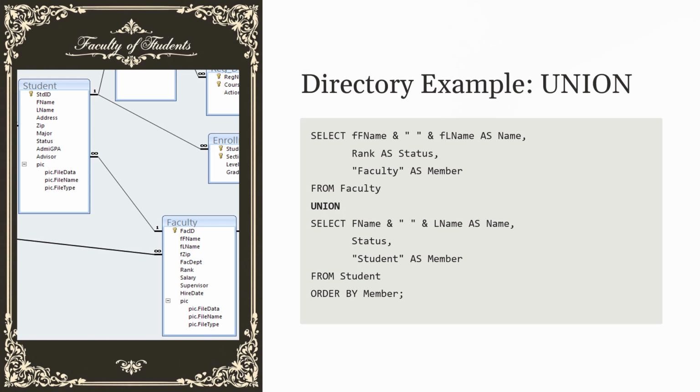And then it will union first name and last name as name, and then status, and also student as member. So we put student as the value for member for all the records from the student table. And then we order by member, so that it will be ordered by the groups. So union efficiently merges different but structurally similar tables, making it useful for directory and report purposes.